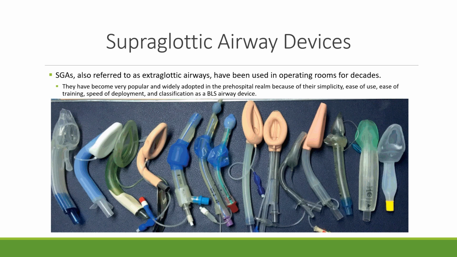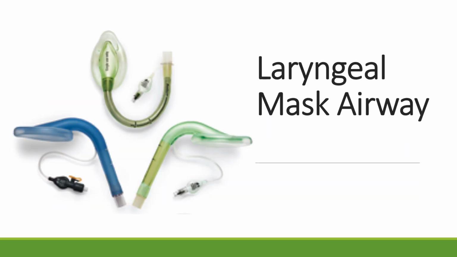The Combitube is another device. The rest tend to be LMAs of some nature, or LMA-esque, like the iGel, the AirQ, and things like that. They're all variations of an LMA. An LMA is a laryngeal mask airway.